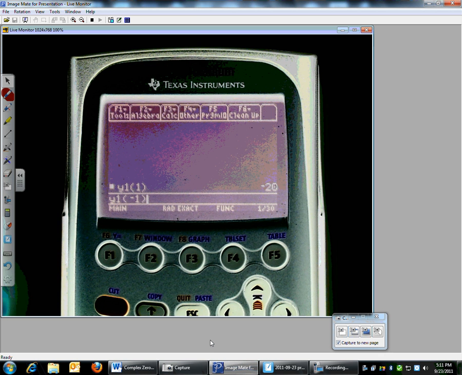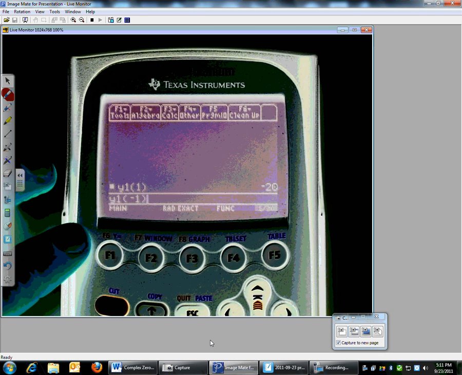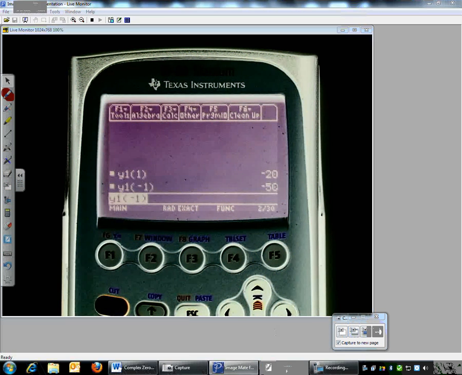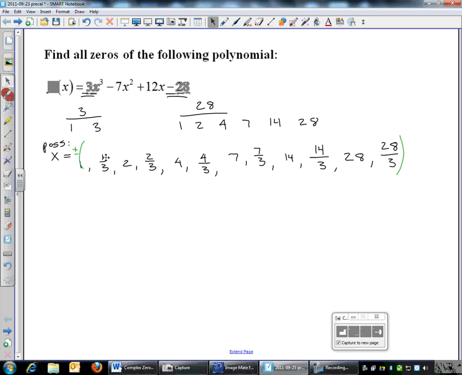And I've just punched that in. So I'll go ahead and cross out 1, because I know that's not going to work. So that didn't work. Then I'll go back and I'm going to try 1. Just punch that in.